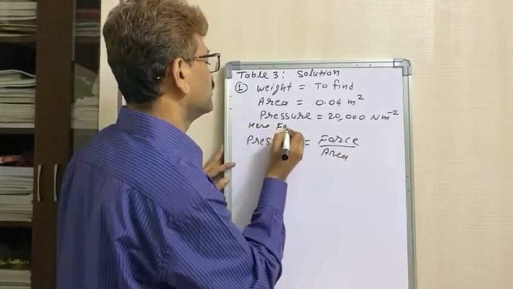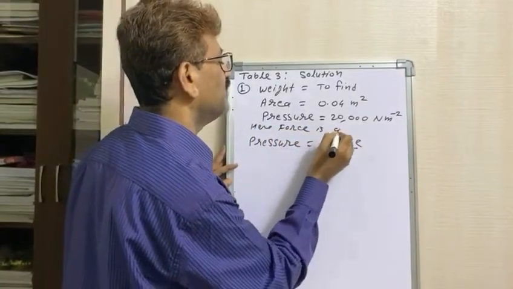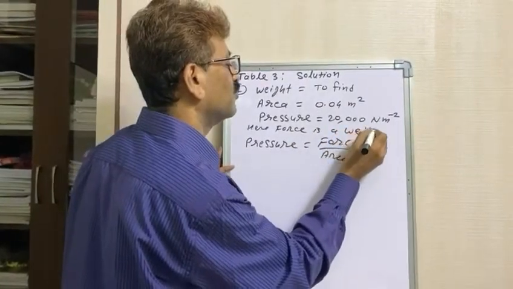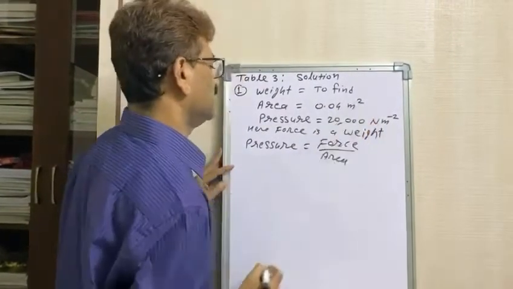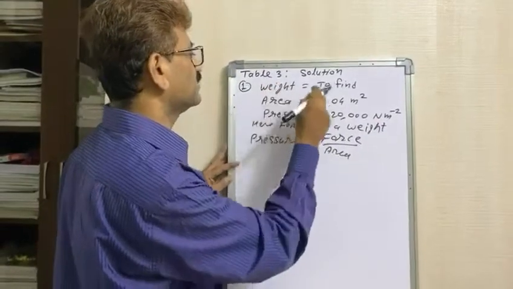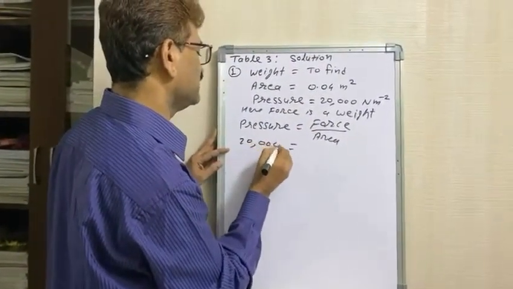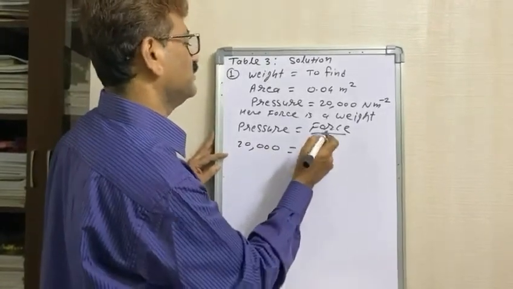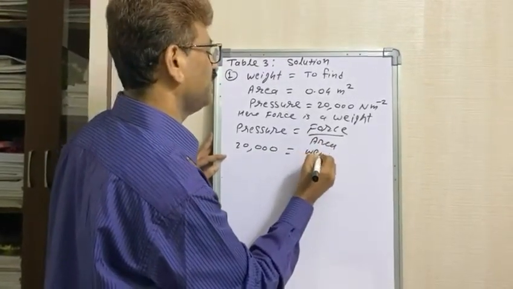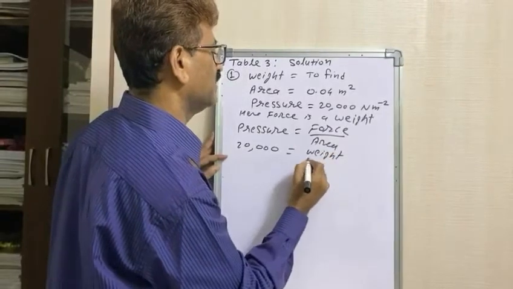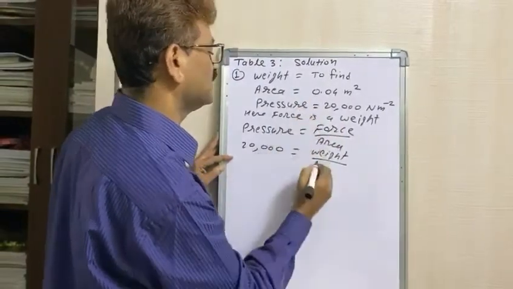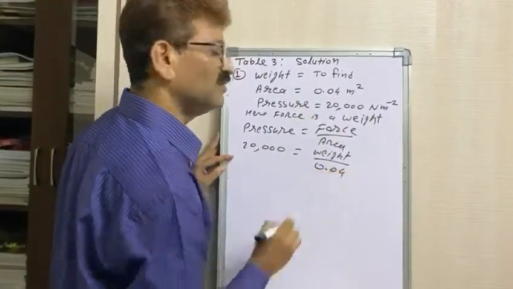Here force is weight. So force means weight, and we have to find it. Pressure is 20,000, and weight upon area, which is 0.04.